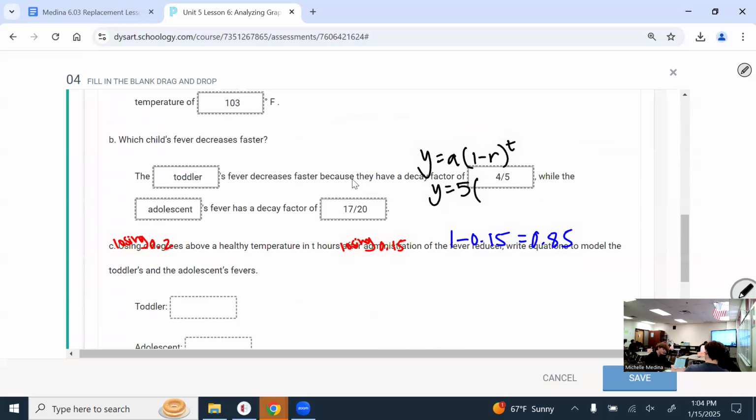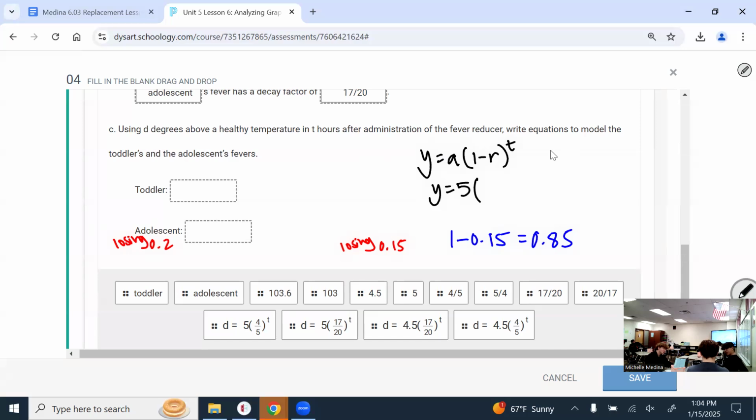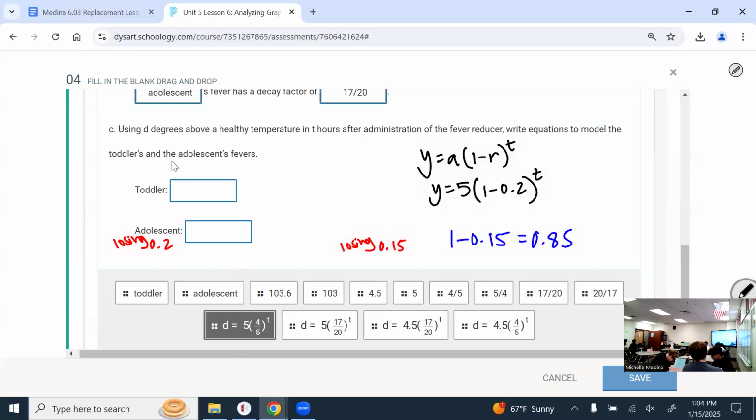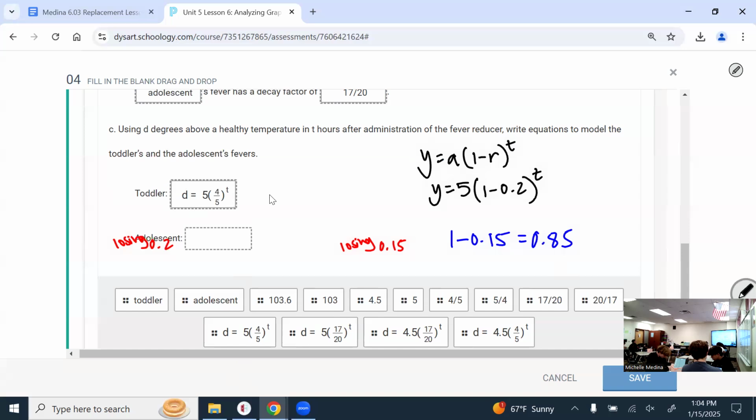So what should I do? The options only allow for 5 or 4.5, so we'll go with 5. And then for the toddler, we were losing 0.2. The one that's equivalent to this would be this one: 5 times the 4/5, 0.8 and 4/5 are the same thing.